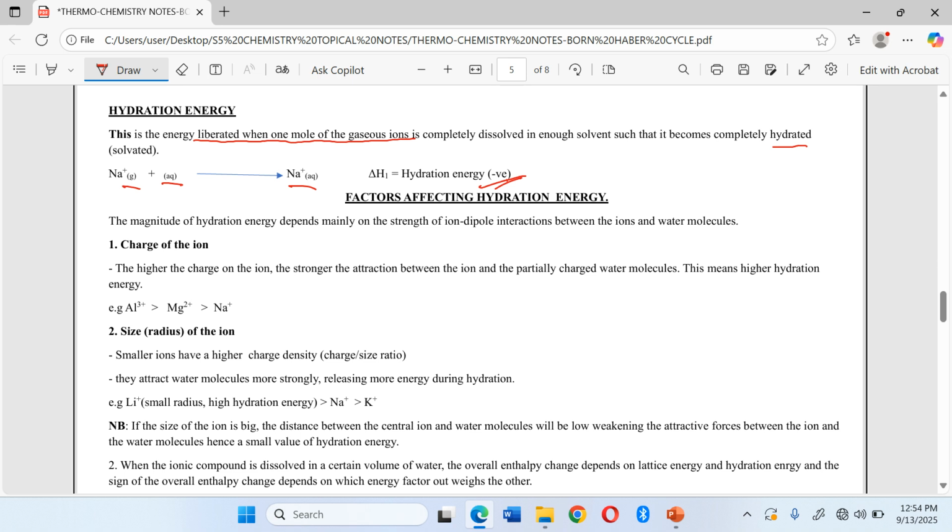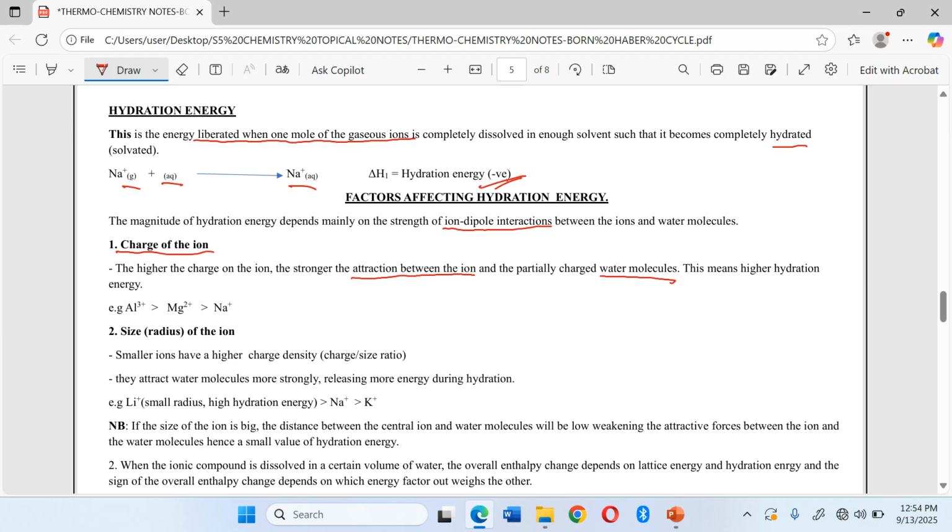The hydration energy depends mainly on the ion-dipole interactions between the ions and water molecules. Number one factor is the charge of the ion. The higher the charge on the ion, the stronger the attraction between the ion and partially charged water molecules. This means higher hydration energy.